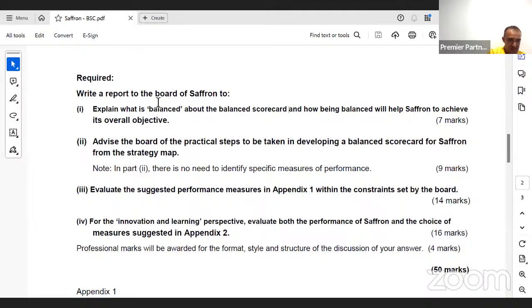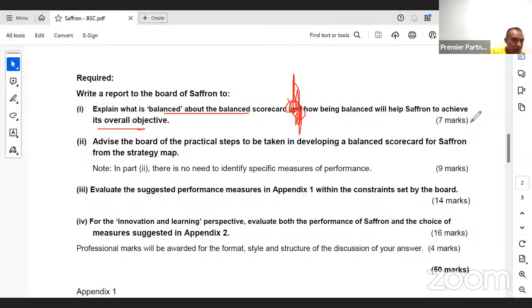Right, so that's a guess, isn't it? We don't know. And that is our preparation. How being balanced will help Saffron to achieve its overall objective. So, what is balanced about the balanced scorecard, and how being balanced will help Saffron to achieve its overall objective.